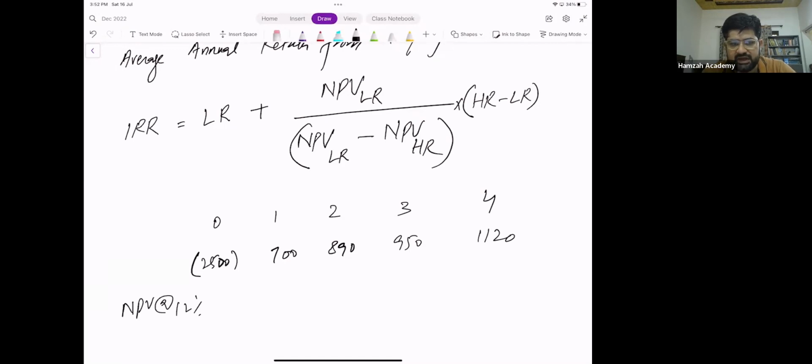It is page number 8. 12% discount rate. Here are the discount factors: 0.893, 0.797, 0.712, and 0.636.